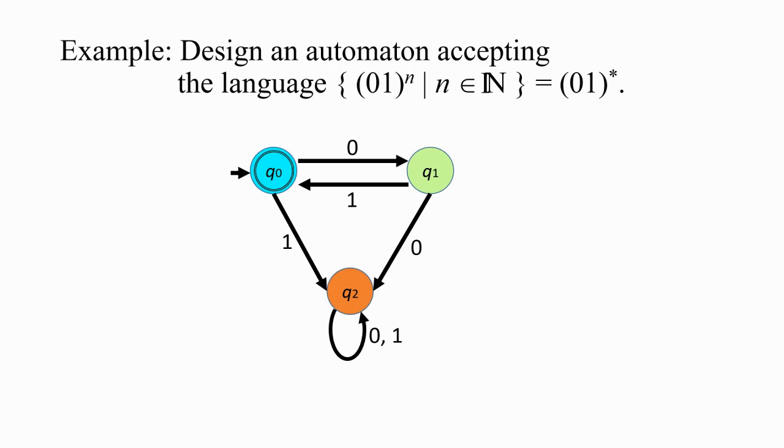The state Q2 we call the trash state because it actually has nothing to do with the language, but to make the automaton deterministic, we need Q2. Q2 is also called a trap state because once you arrive there, you never go out anymore. So this is a deterministic finite automaton accepting the language 0, 1 to the power n, where n is a natural number.